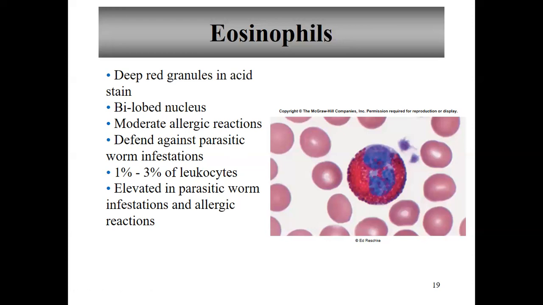So again, these are elevated in both of these responses. If a person has allergies, then their eosinophils are going to respond in that way. But if a person does not have allergies and their eosinophils are elevated, then you know that they have some kind of parasitic worm. So then you want to start asking questions like, have they traveled? Have they eaten raw meat? What have they noticed? What are the symptoms? That is how you can tell whether or not a person has an allergic response to something or a parasitic infection.